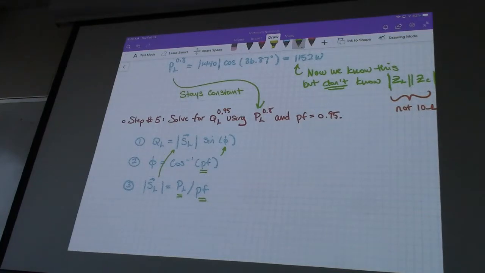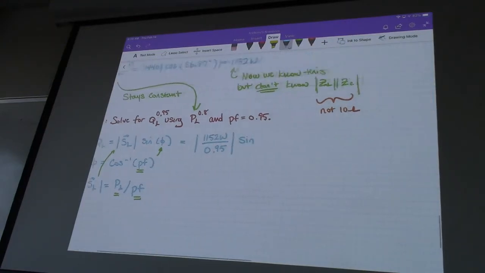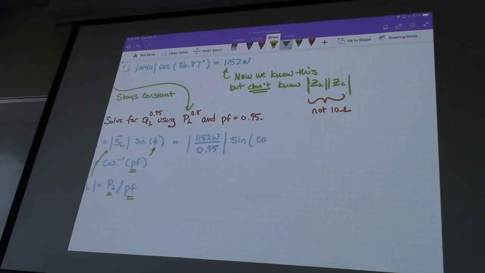All right, so going ahead and solving that, what we're going to end up with is the magnitude of 1152 watts over 0.95, times the sine of the inverse cosine of 0.95.